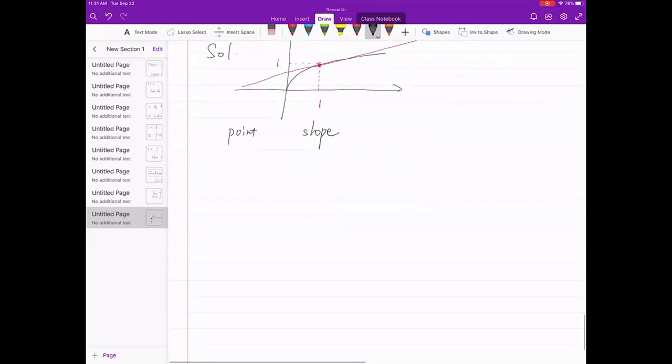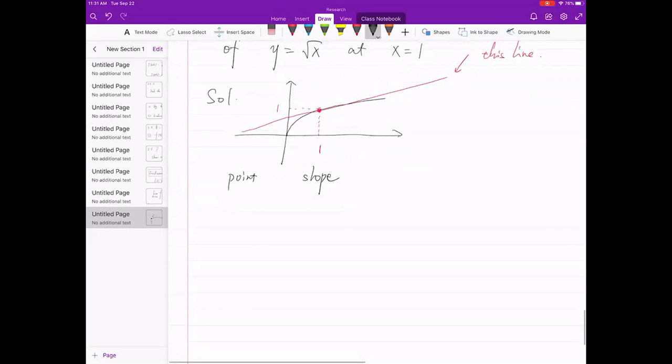Do you know the point already? Yeah, it's x equal to 1, and your y is square root of 1, which is 1. You just need a slope. Now, how do you find the slope of a tangent line? That's the derivative. Then can you see that we're just doing the limit again?